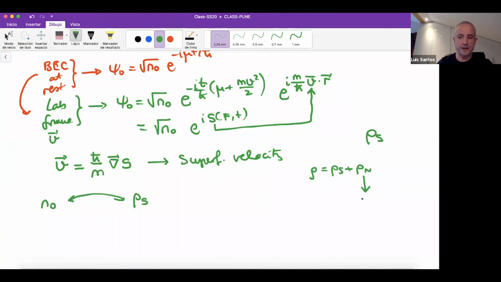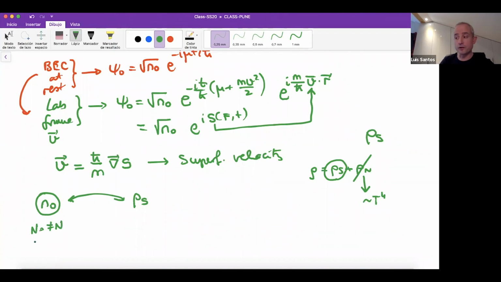And this normal fraction decays with temperature. If I remember correctly, it decays like T to the power 4 at low temperatures. So this means that at 0 temperature, the normal part goes to 0, and everything that remains is the superfluid. Now, as we discussed yesterday, N0, on the contrary, is not exactly 100%. So N0 is not exactly N at 0 temperature.